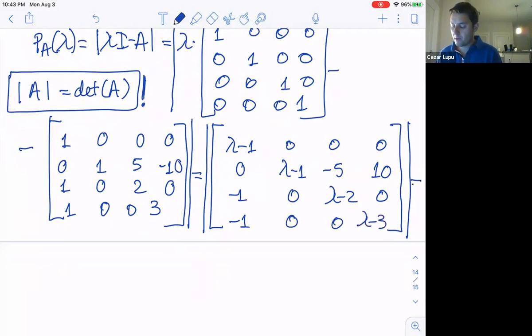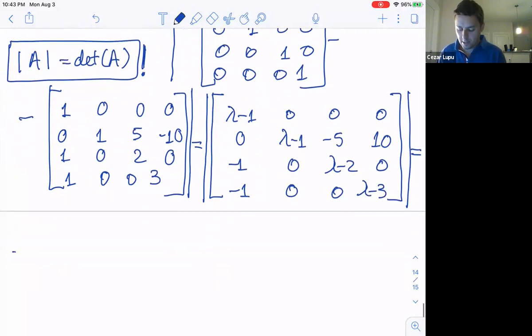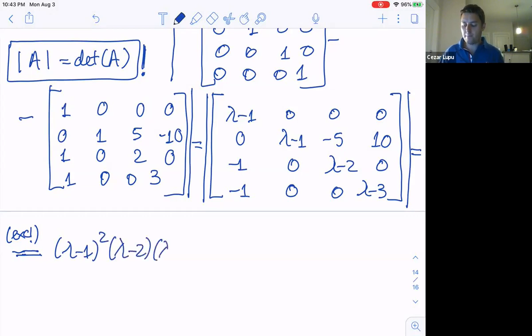Okay, and now the determinant of this, it's a 4 by 4 matrix, and I'll leave it to you as an exercise to figure it out if I've done it correctly. I think I computed it here. So let's see. I think it was something like this: lambda minus 1 squared, lambda minus 2, lambda minus 3. Yeah.